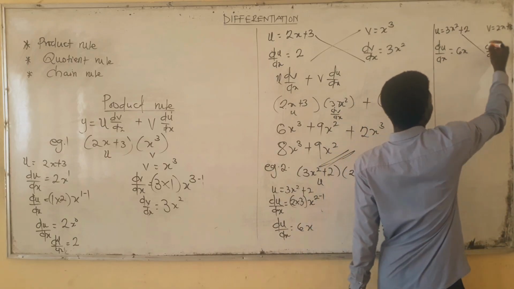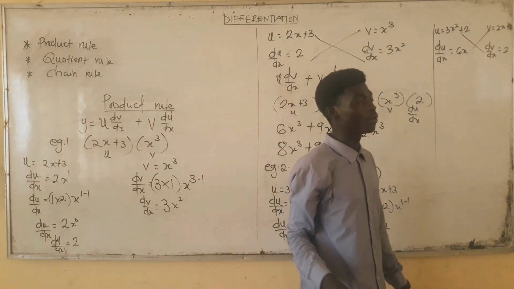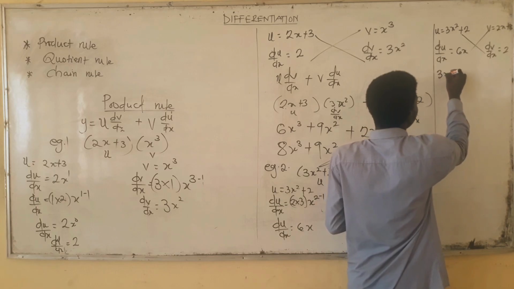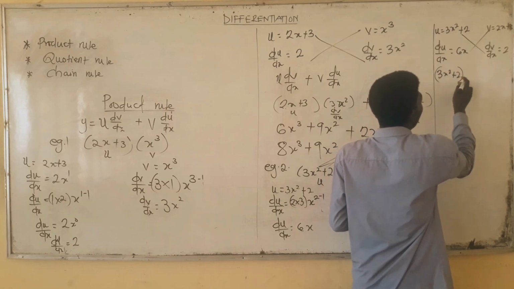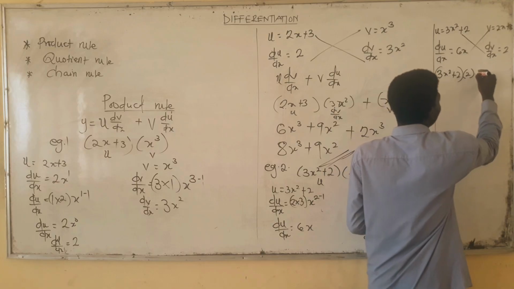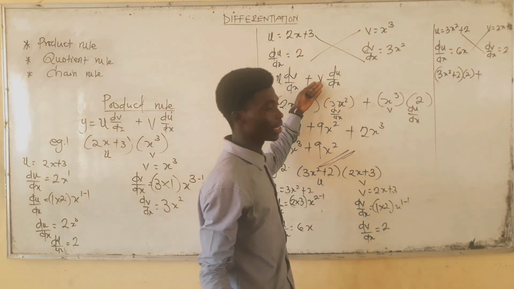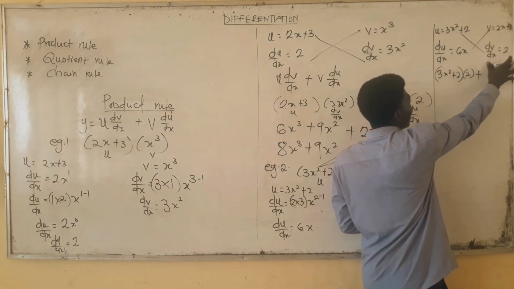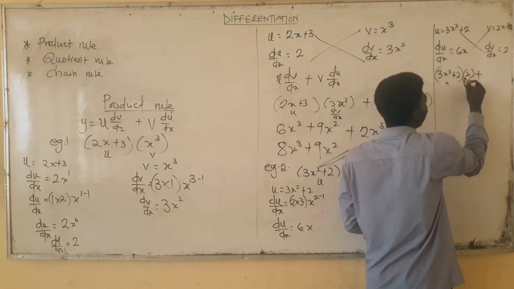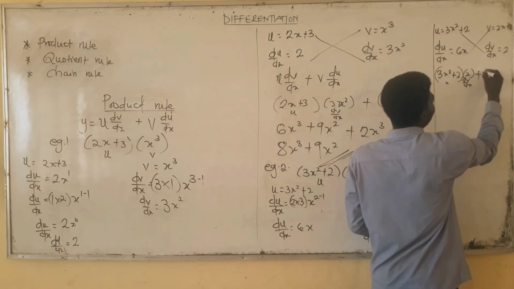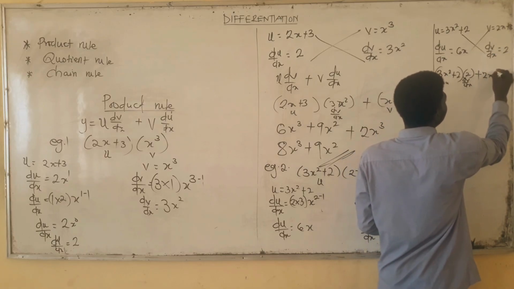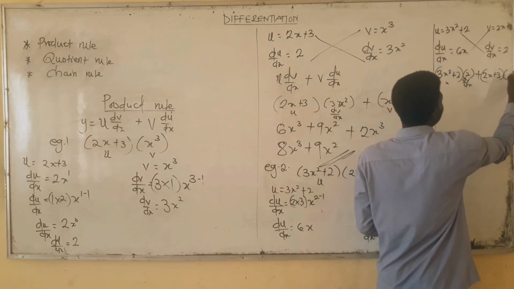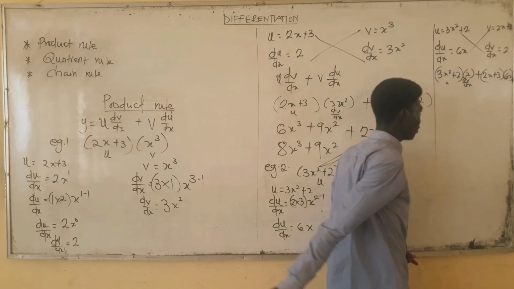So you cross multiply, and you use the rule. If you cross multiply, you are getting 3x squared plus 2 multiplying the 2 here, plus. We are using the formula, so we have u multiplying dv dx. So u, and then this is dv dx. Right? So our v, that is 2x plus 3, multiplying our du dx, that is 6x.